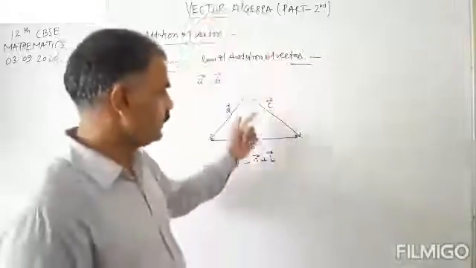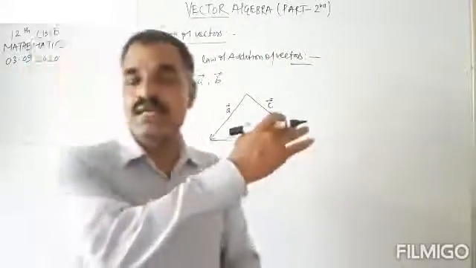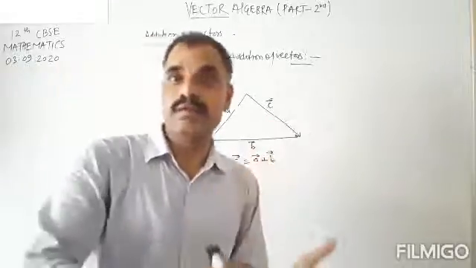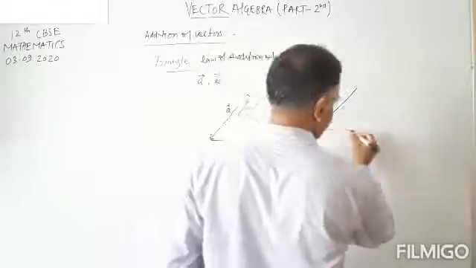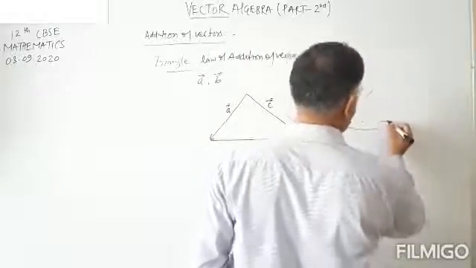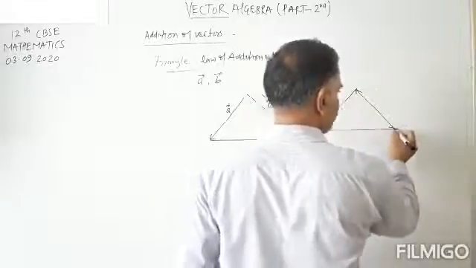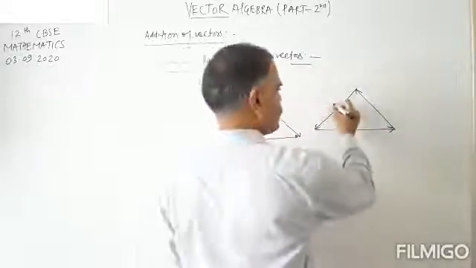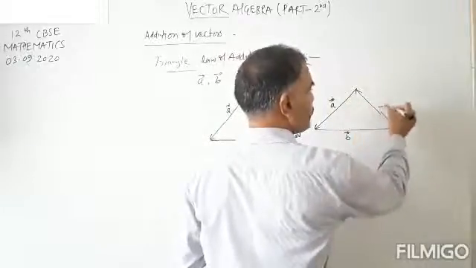Now in this triangle, if we take all the three sides in the same order, in the same direction, then this and this direction will be the same. This is A vector, this is B vector, and this is minus C vector.